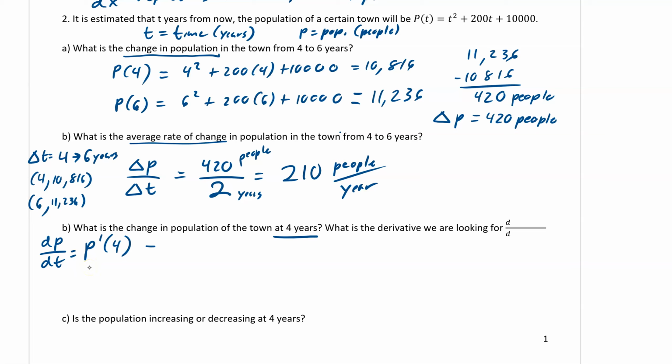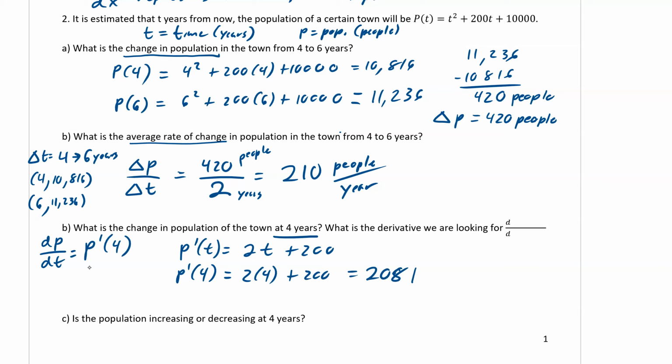So if we take our derivative, let's first find P prime of T. That would be 2T plus 200, nice and quick. And we plug in 4. And so this gives us 208. You can see that it's pretty close.